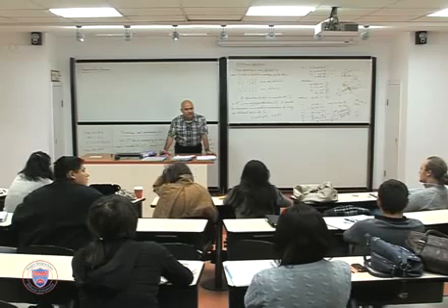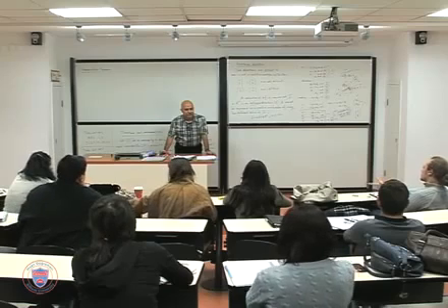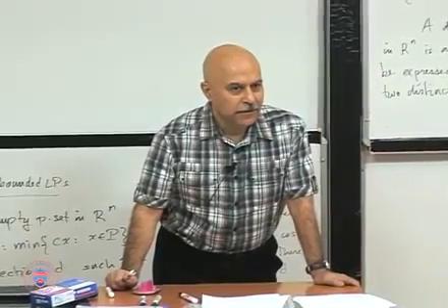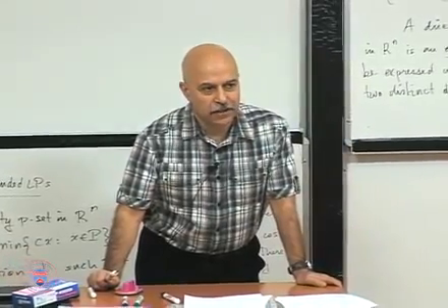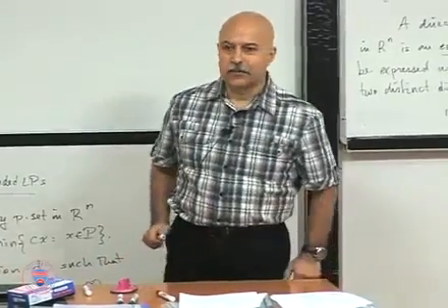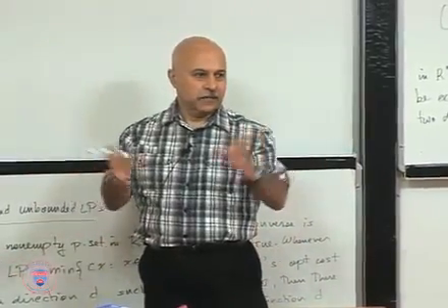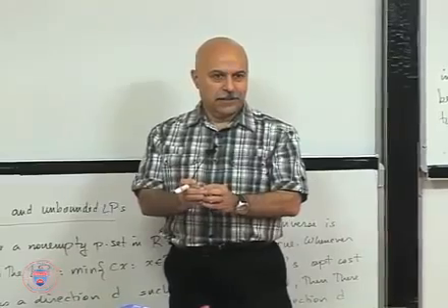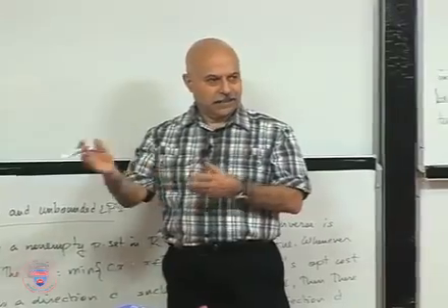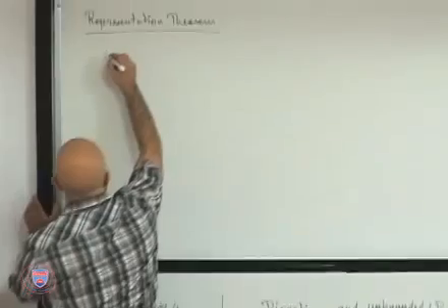You can always define it to be the intersection of all convex sets that contain these points. In that case, of course, you have infinitely many convex sets, but let's not go into that. Let's just go with the simple case.